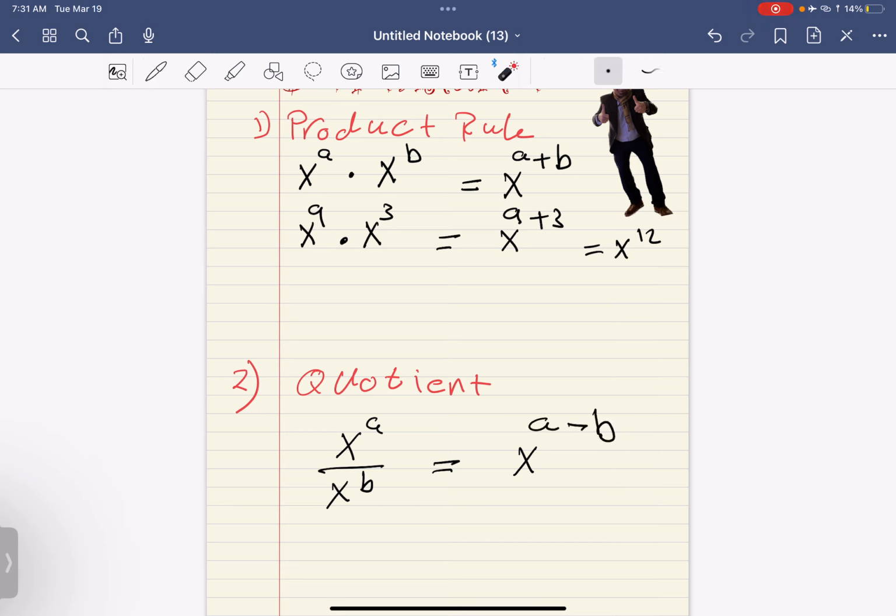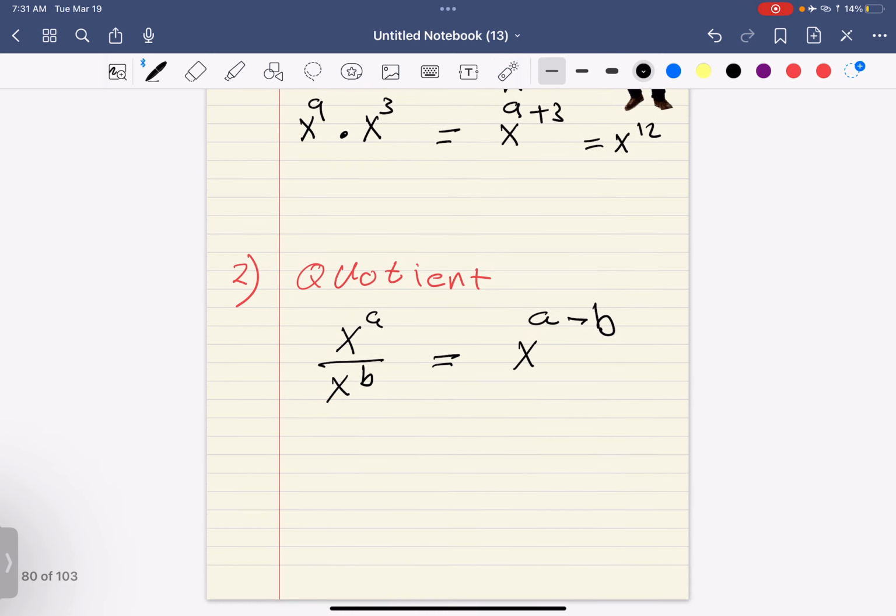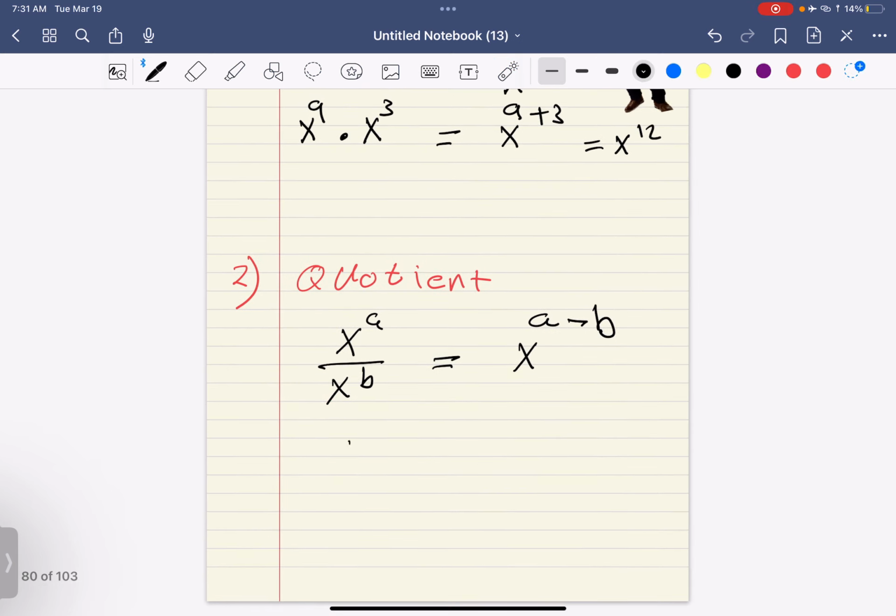As long as I have the same base, I subtract. So, if I have x to the 9 divided by x to the 3rd, what is the base here? The base is x. I subtract. That's going to be x to the 9 minus 3, which is x to the 6.